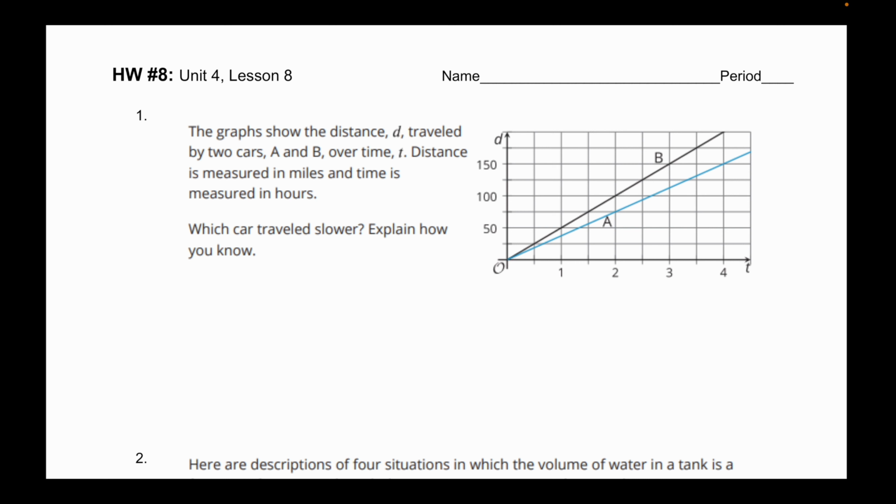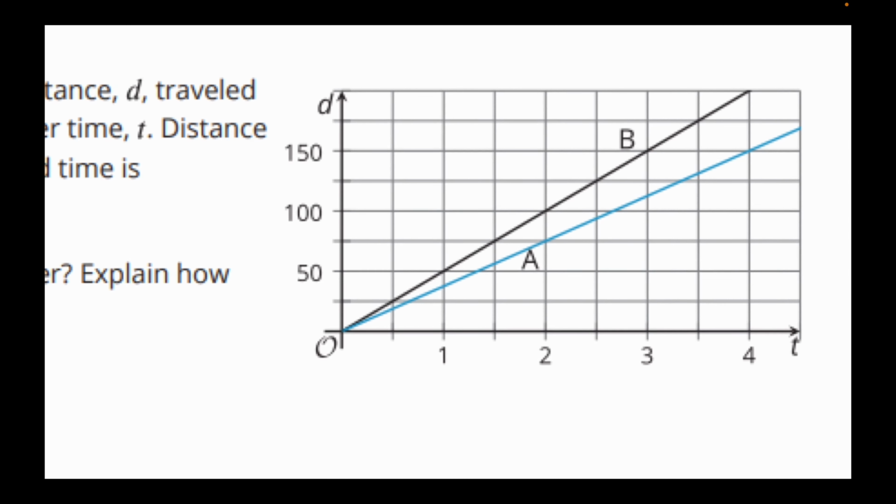So let's use some numbers to actually explain, and let's use 2 hours as our cutoff. So at 2 hours, car A looks like it's traveled 75 miles. That's halfway between 50 and 100.